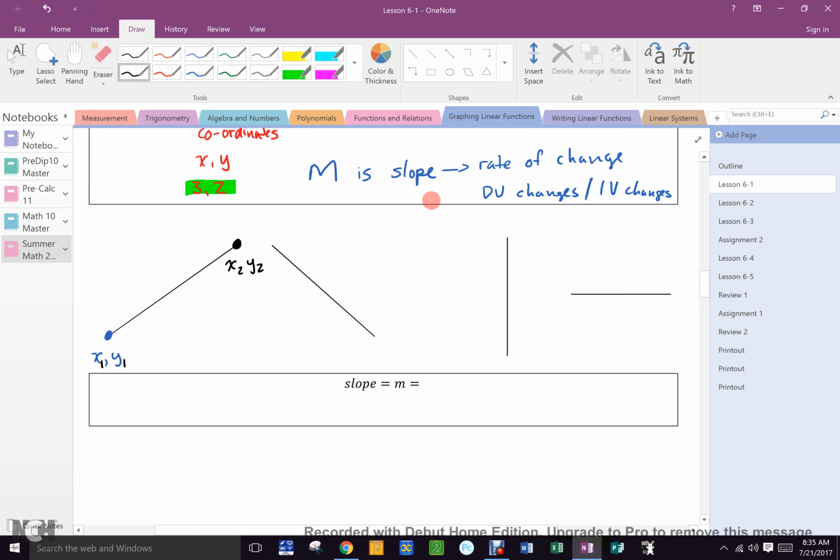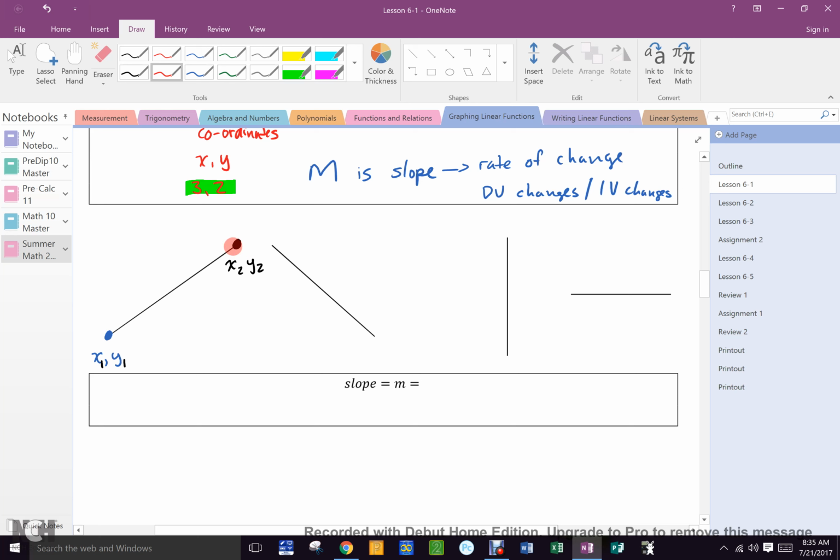So we're going to check with our y's first. To get from y1 to y2, how do I get there? Do I go up or down? Up. On a graph, what is up? Positive or negative? Positive. Excellent.